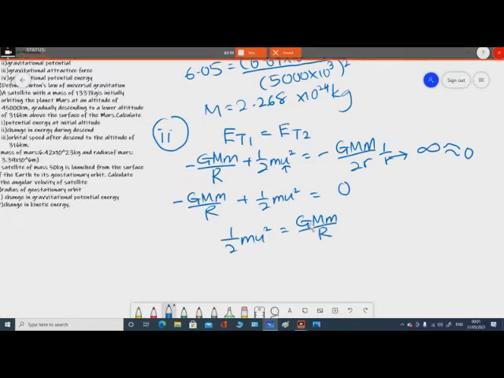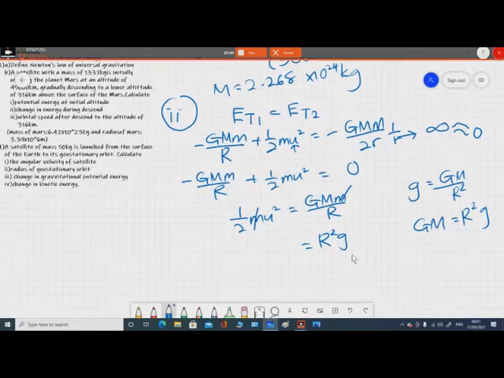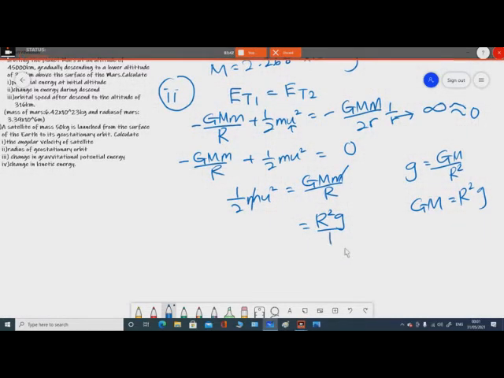The m will be cancelled, and GM is actually r square g, since g is equal to GM over r square. So this is how the r square g comes from. This is divided by r, and with the half, u square remains.